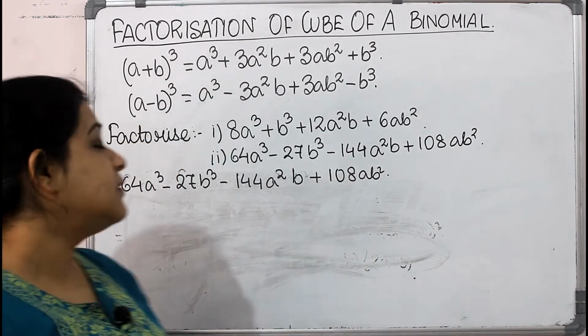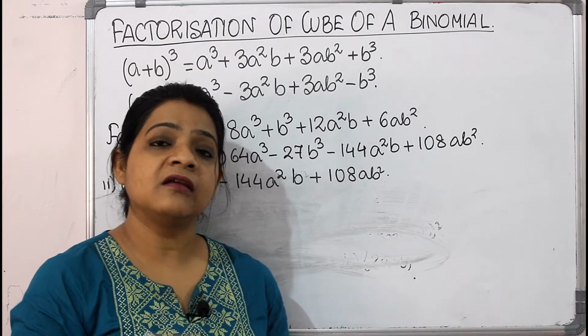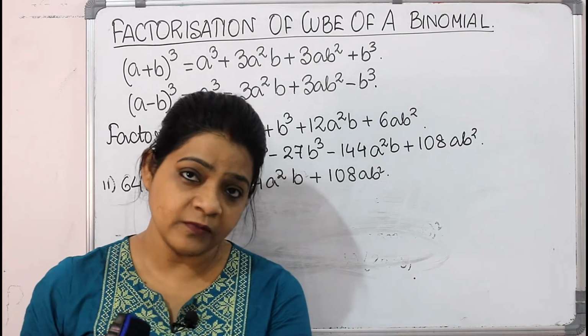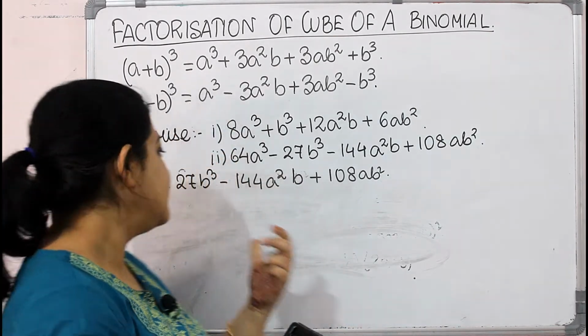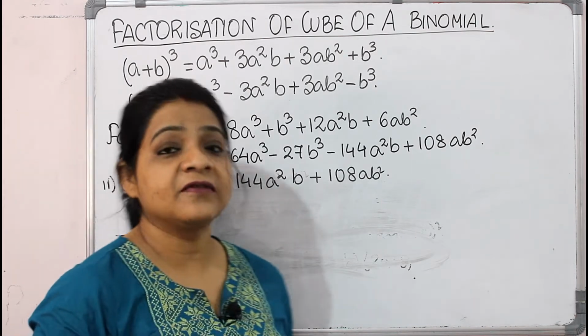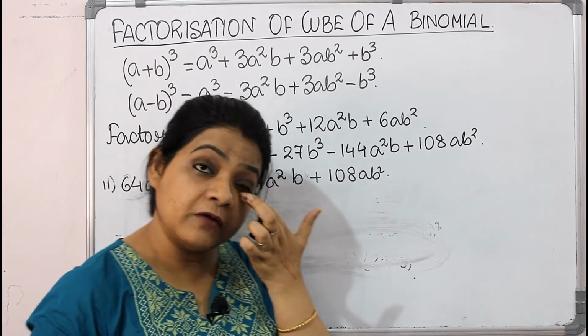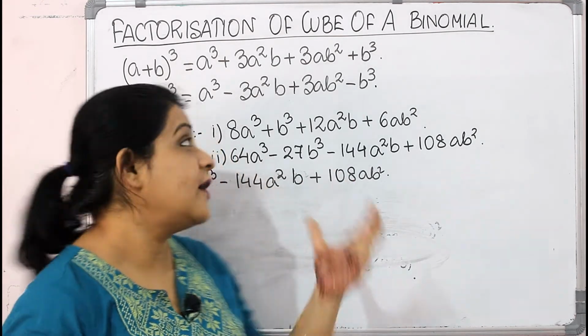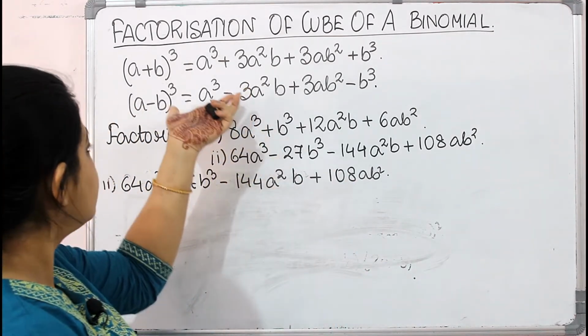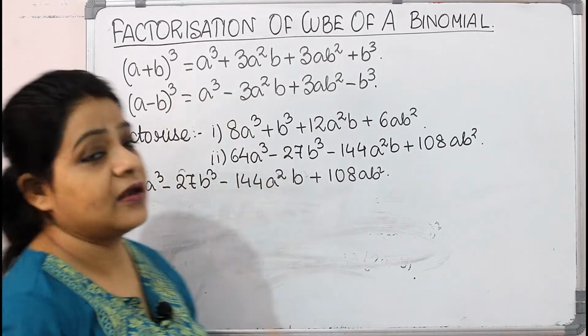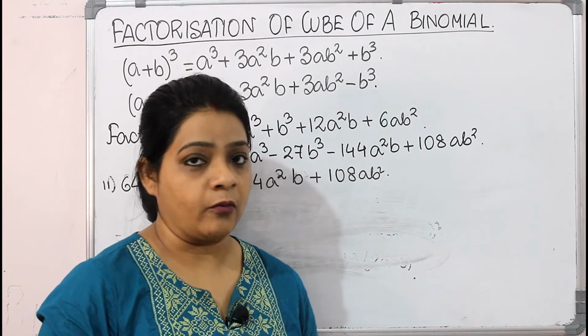If you look at each and every term of this expression, you see there is a negative sign before 27b cube and 144a square b. So try to relate which formula to use. You are to use the (a minus b) whole cube formula.